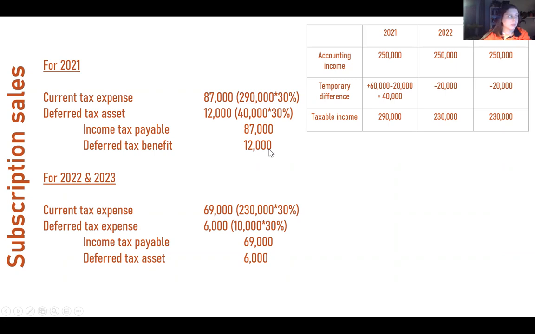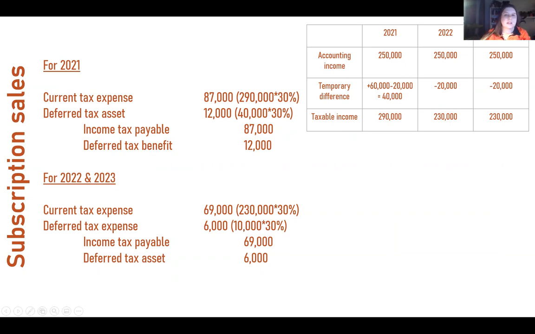For 2022 and 2023, again, current tax expense is taxable income times tax rate. And here, your taxable income is lower than your accounting income. So your temporary difference is negative, compared to the positive for 2021. That means you're going to reduce your asset by the amount of $20,000 times 30%.